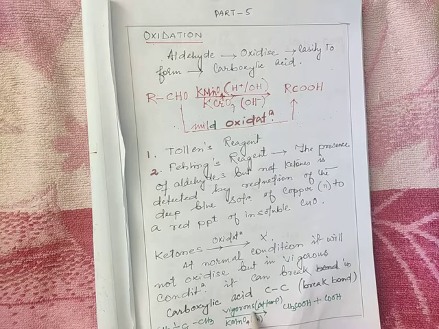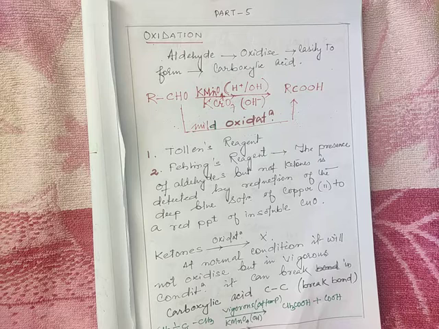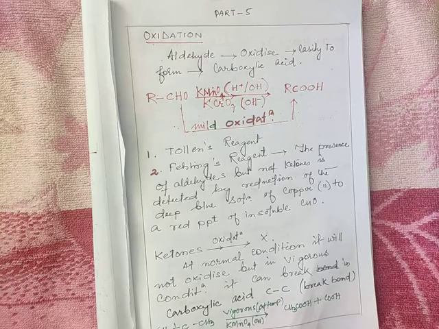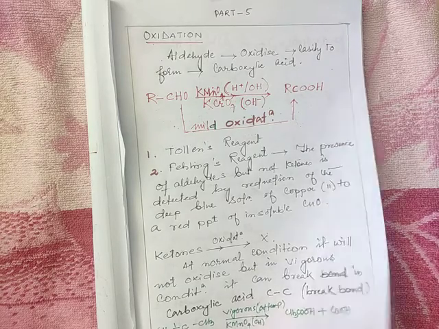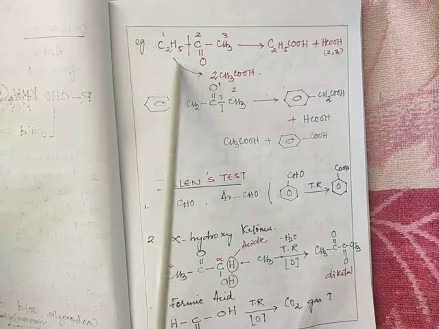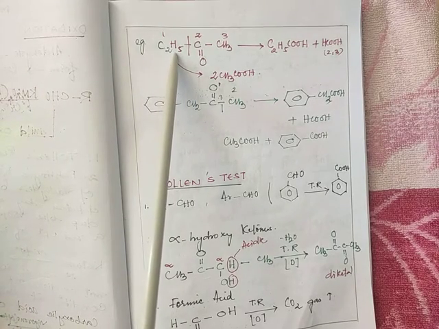Under vigorous conditions, oxidation using potassium permanganate in basic medium gives acetic acid along with another carboxylic acid.